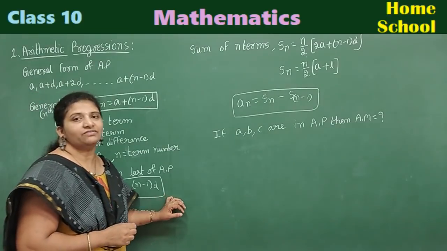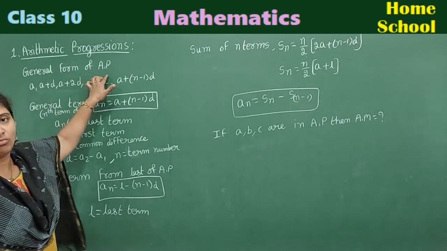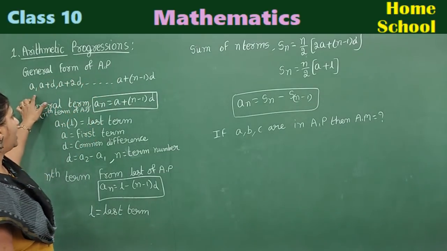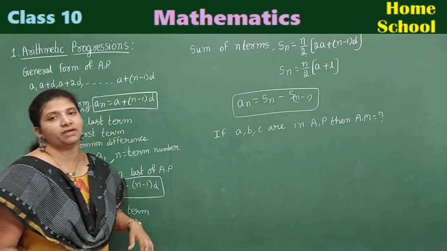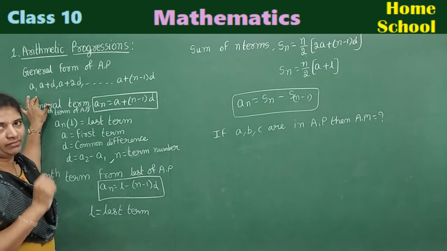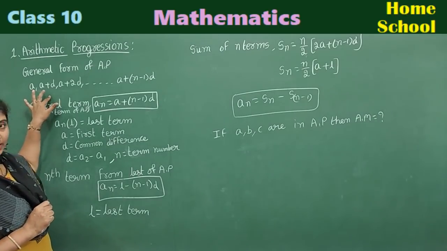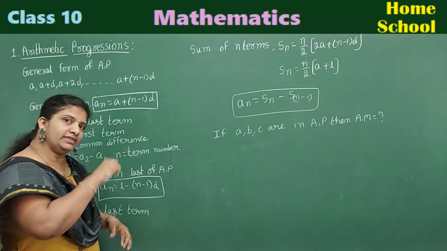Okay, let's start with our first chapter, arithmetic progression. General form of arithmetic progression: a, a plus d, a plus 2d, so on up to a plus (n minus 1) into d. And we can give this with a term number: first term, second term, third term, and this is called the last term or nth term.